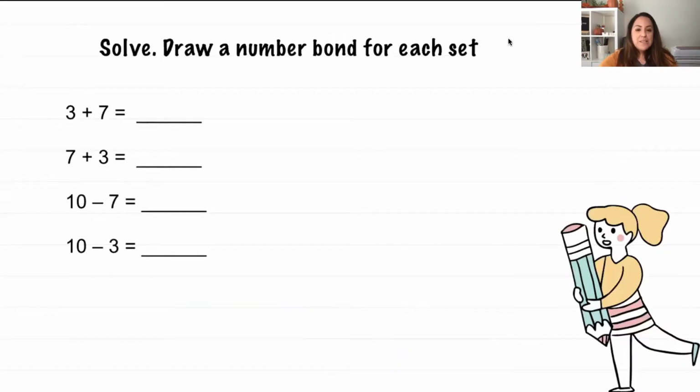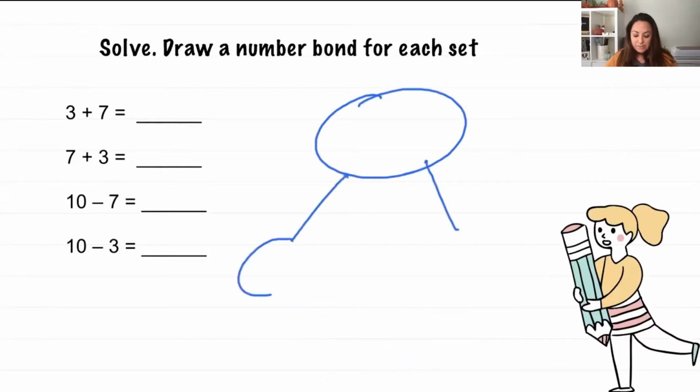Now right here it says solve, draw a number bond for each set. So here I have 3 plus 7. You're probably wondering, what is a number bond? So a number bond looks like this. I have a circle like that, and then I draw my 2 lines out, and I have a circle and a circle.